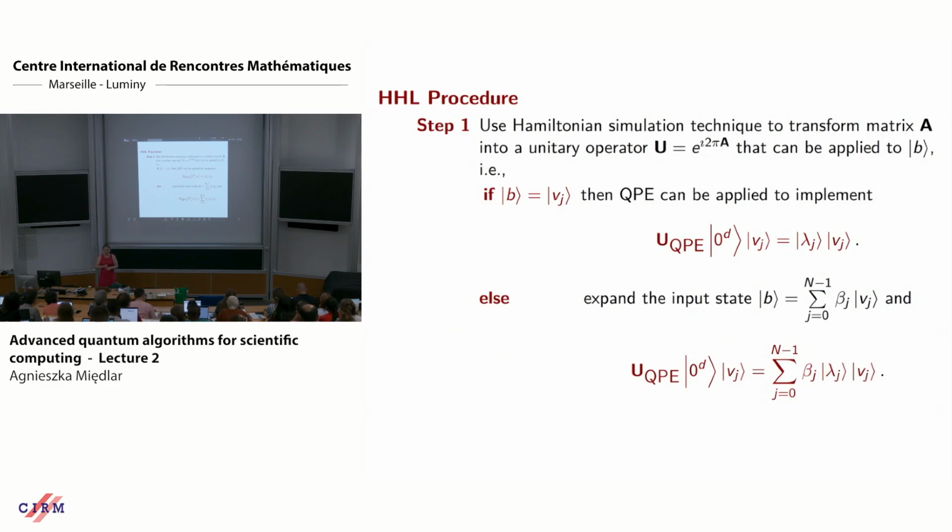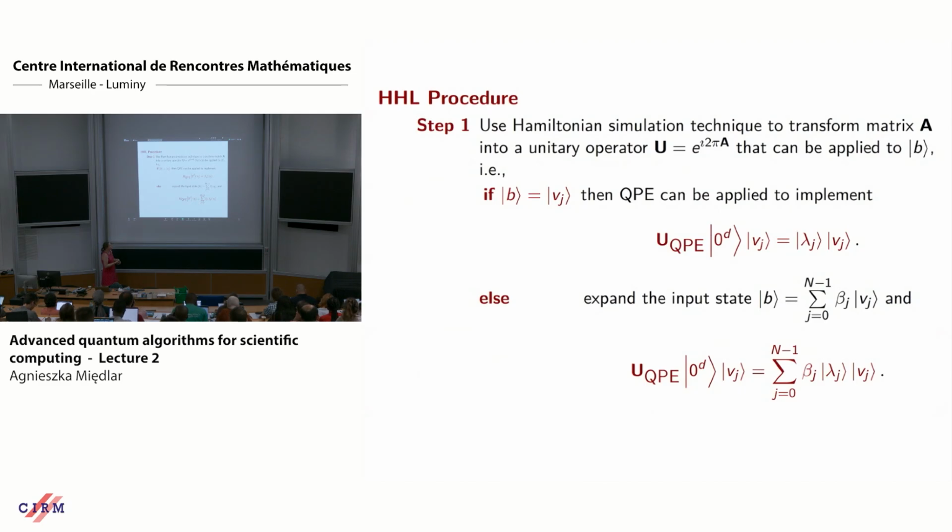So first, you use the Hamiltonian simulation techniques which you learned on Monday to transform your matrix into a unitary operator. So you can do it in this way, and then you can apply it to b. Remember, like everything, we think in terms of having access to apply the operator to the state. That's the procedure which you have to be able to do.